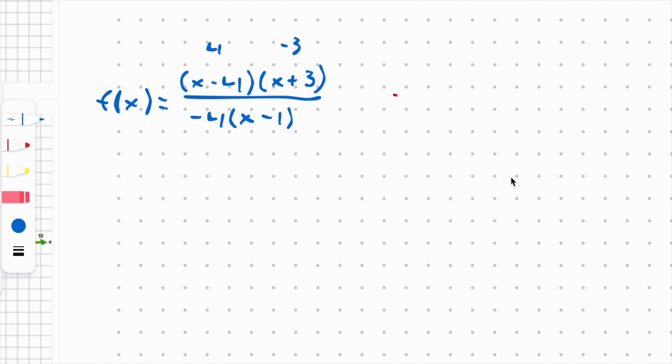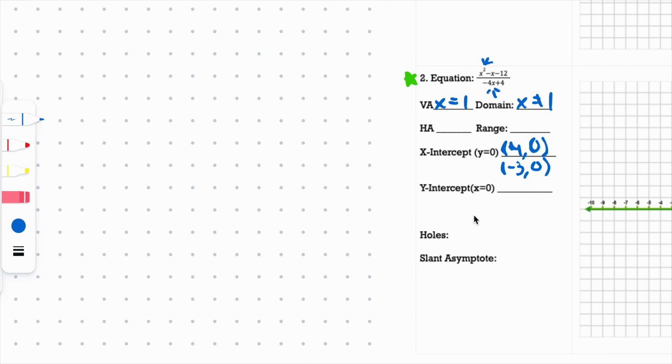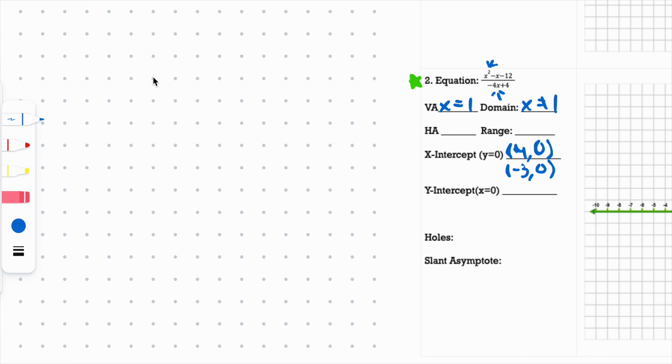I'm going to do this off to the left here, doing what we did earlier this year: long division. You can probably do this with synthetic division, but I'm just going to do it this way, even though it's probably less efficient. I think it's more illustrative.